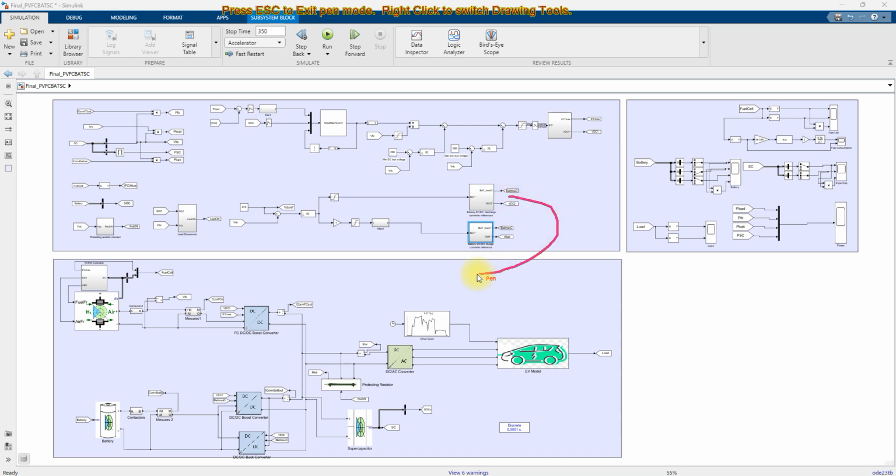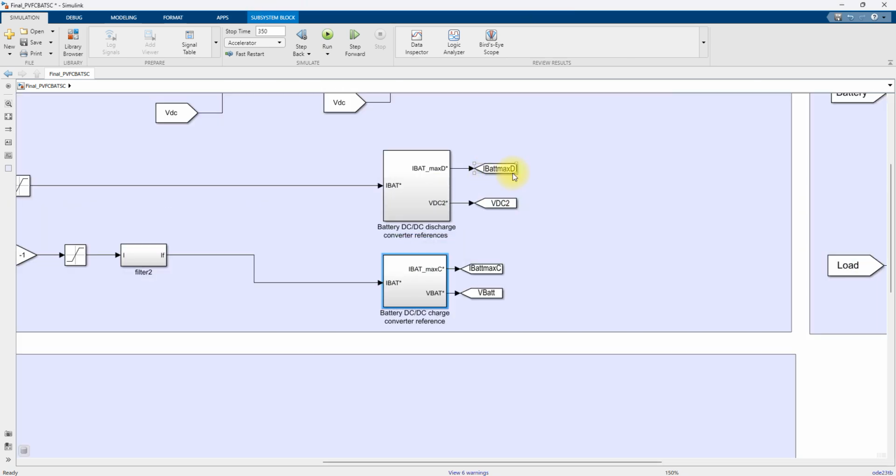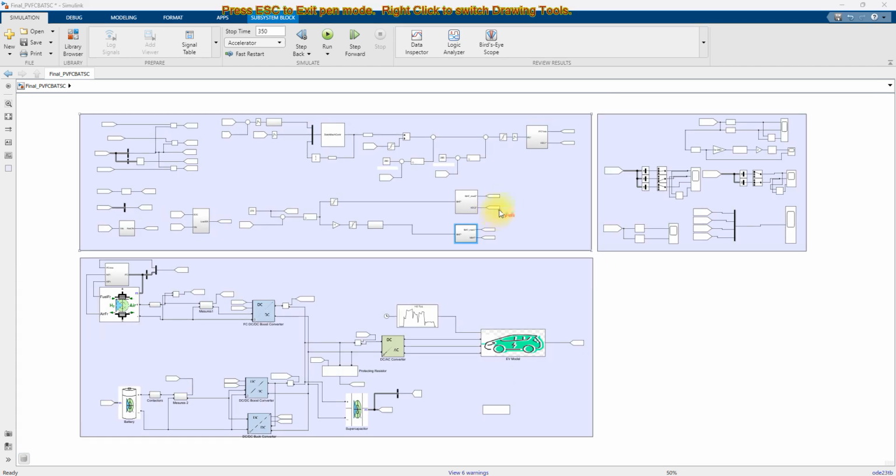So discharging will be linked with this boost converter, and the charging linked with this buck converter. These two commands, I battery max discharge and VDC2, I battery max charge and V battery, will be sent to the boost converter and buck converter for the charging and discharging operation.